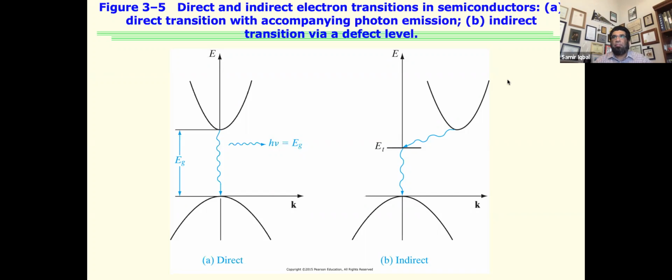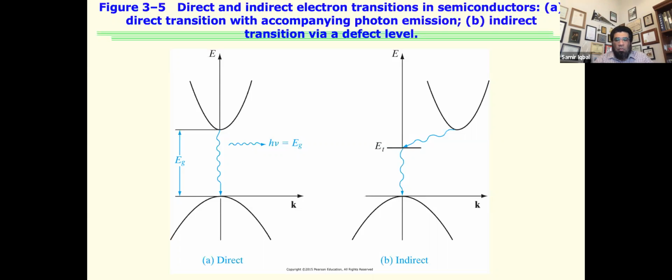In a similar way, if an electron is coming down from the conduction band to the valence band, it cannot just come straight down, because in k space, the propagation vector would have different energy levels for them.